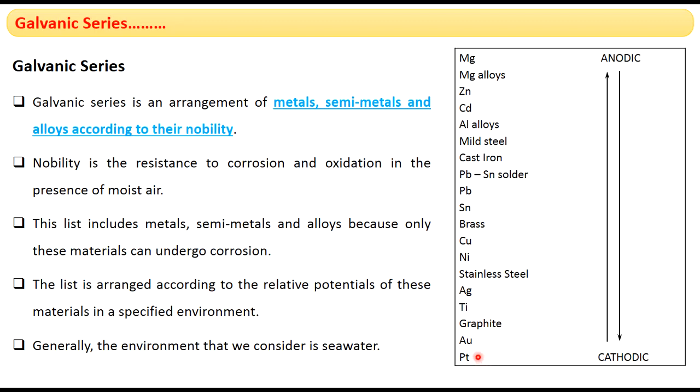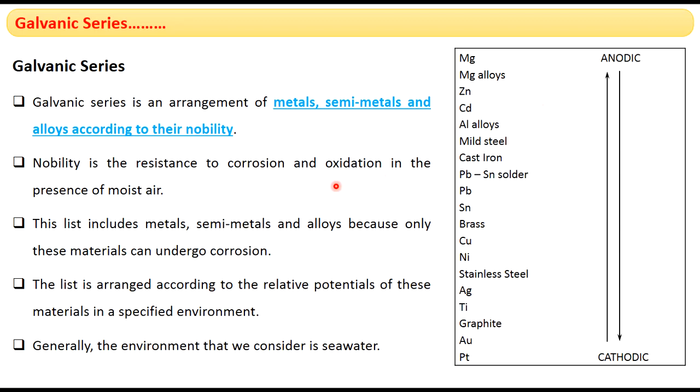The metals or alloys which are at the bottom, like platinum, gold, graphite, are more cathodic. They are the better cathodes. And the metals or alloys which are present at the top are better anodes. So anodic behavior increases from bottom to top.